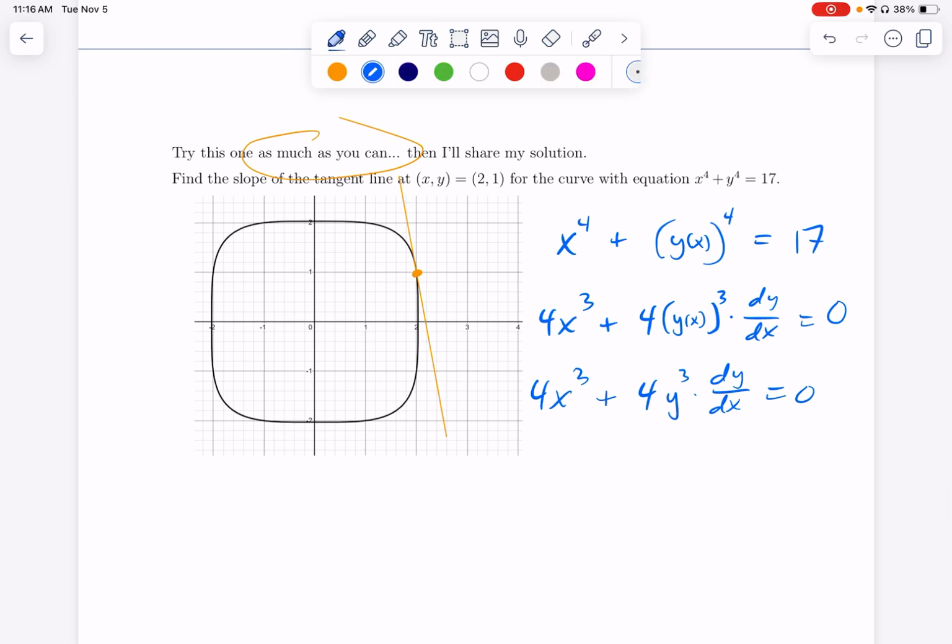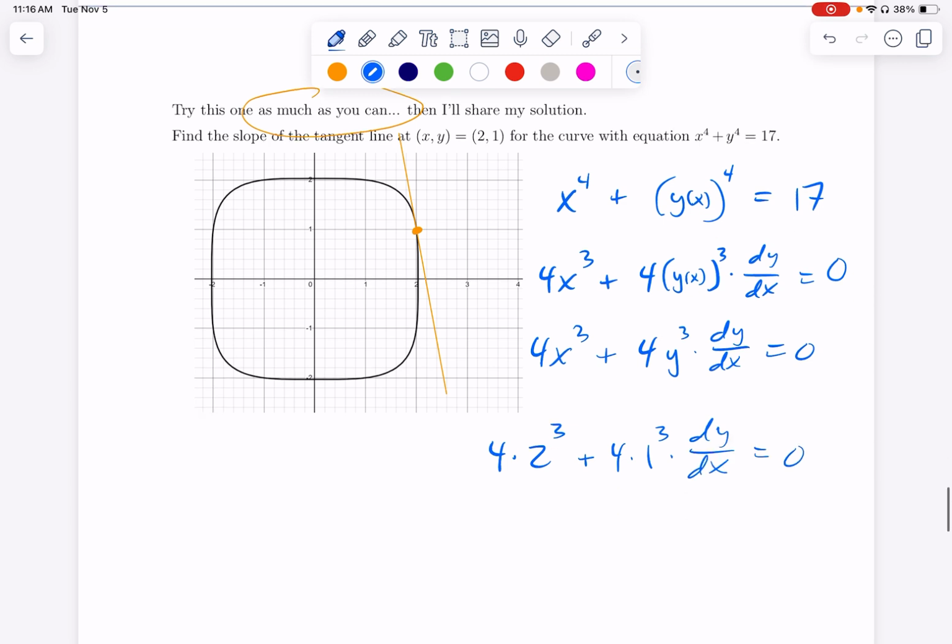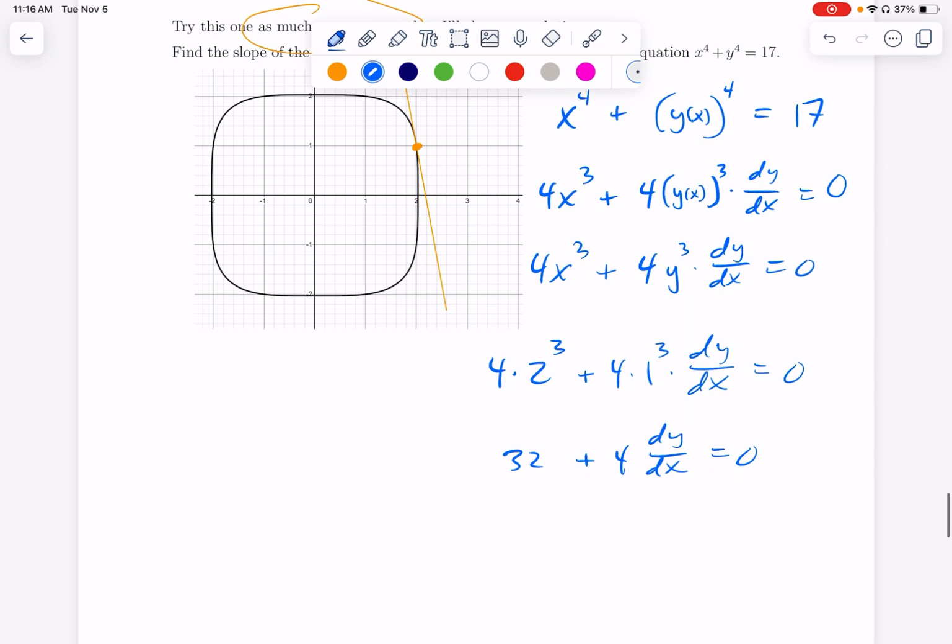x equals 2, y equals 1. So we have 4 times 2 cubed plus 4 times 1 cubed times dy/dx equals 0. 2 cubed is 8, 4 times 8 is 32, plus 4 dy/dx equals 0.